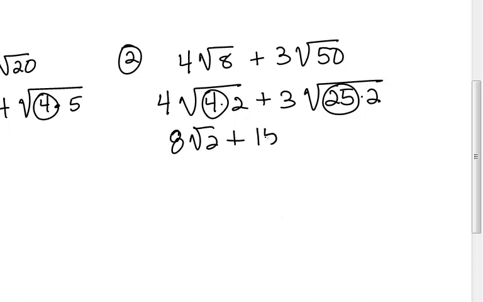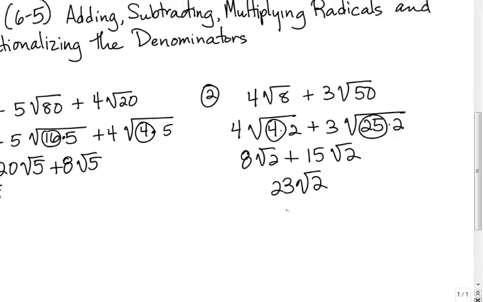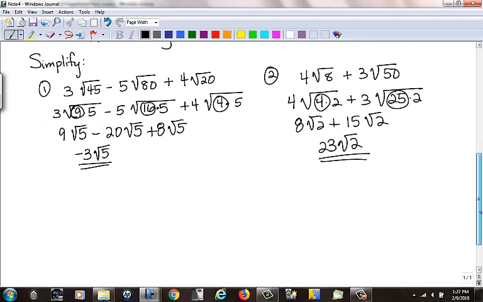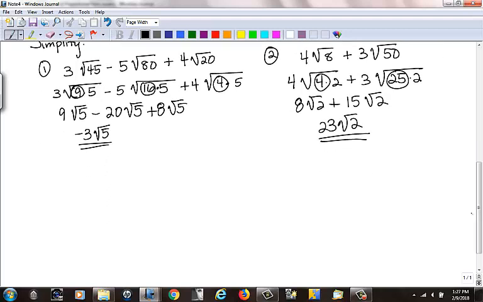And then 15 radical 2, and then add them together, 23 radical 2. The radical stays the same. Okay, so that's what they mean by adding or subtracting radicals. And the only ones that you can combine are the ones that have the like terms, the same radical.